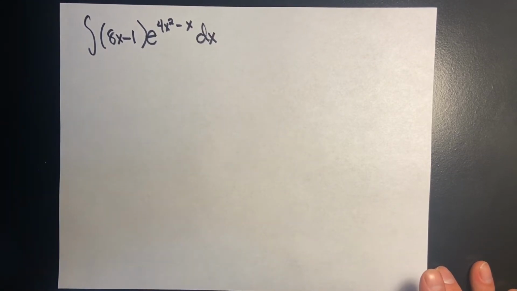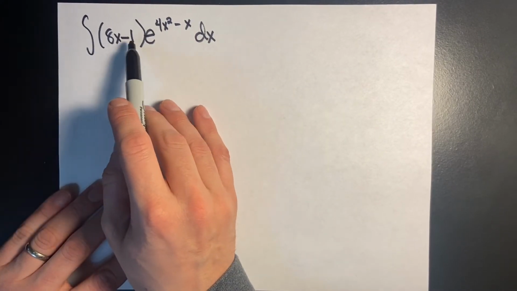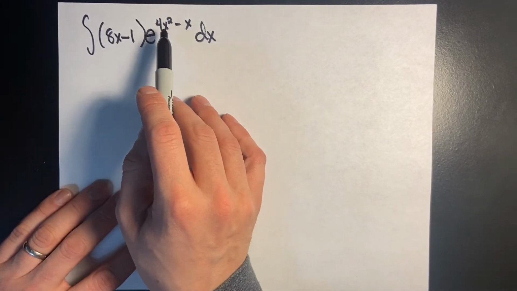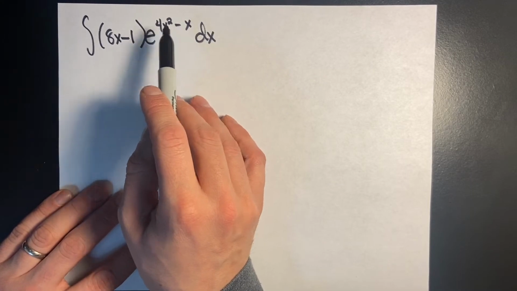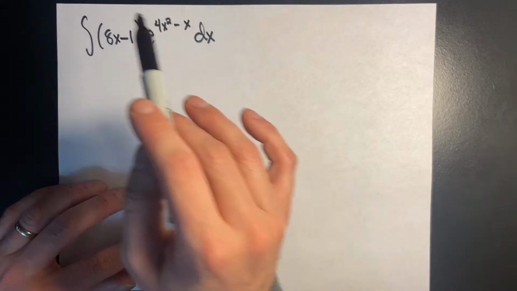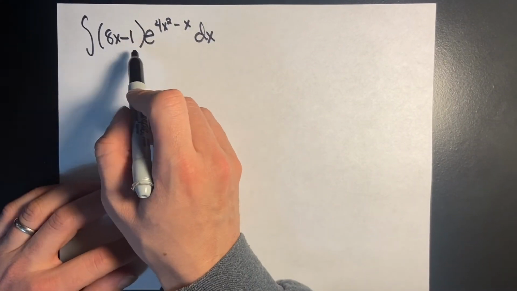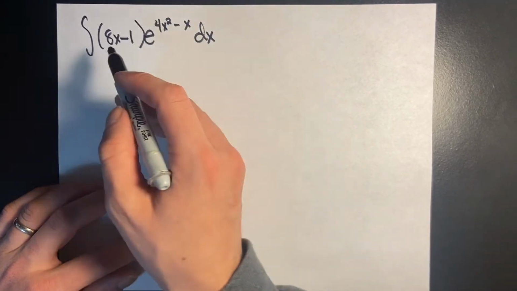It's a 6-step process. Step number 1 is look at every part that you have. It looks like I have 3 parts: an 8x minus 1, an e, and a 4x squared minus x. See if there looks like a function that has the derivative living somewhere else in the function. If I take the 8x minus 1, it doesn't look like I have a derivative of it floating around.